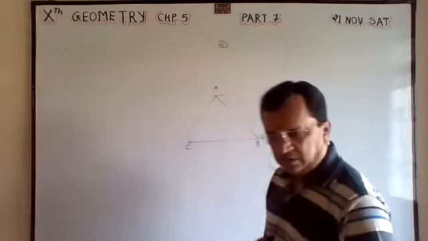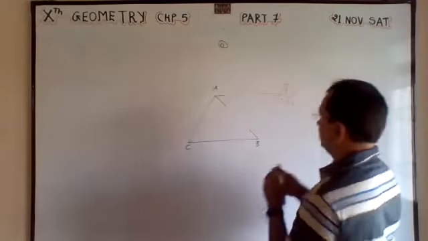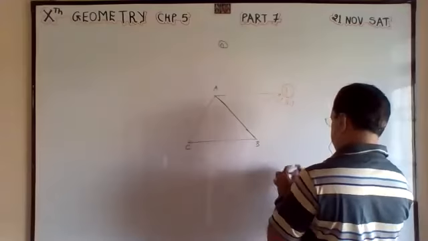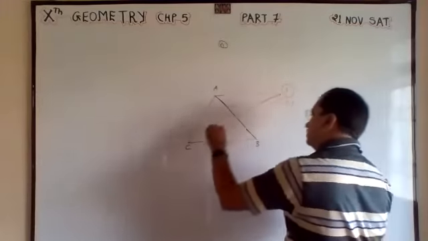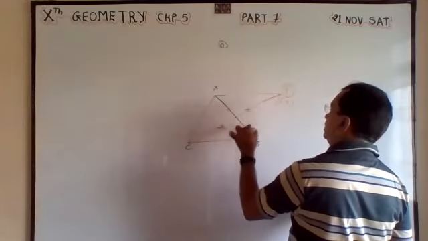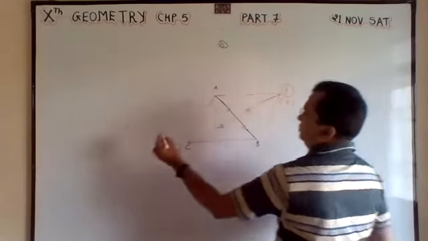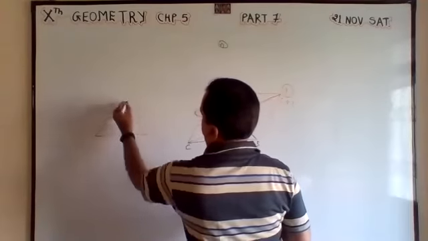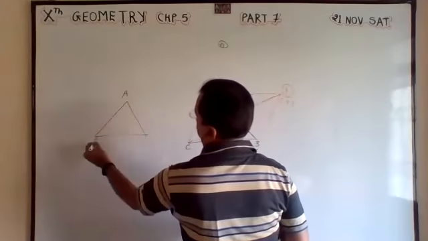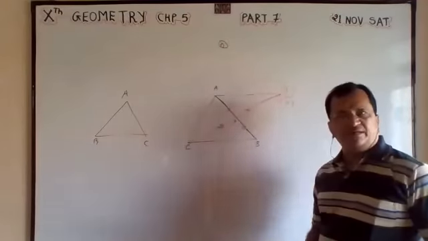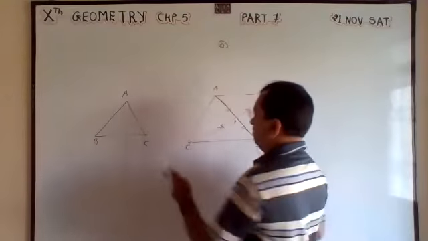Forget this, or leave it as it is. Next, I'll draw. So these two are equal. These are equal. Same I will draw here. I have taken midpoint P on AB.